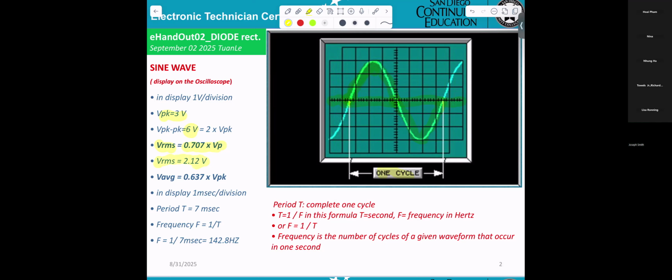VRMS equals 2.12 volt. The average, they have a formula. We don't care. We're not using that. We're using V peak, V peak to peak, and VRMS.